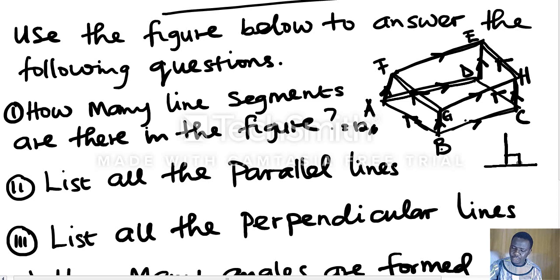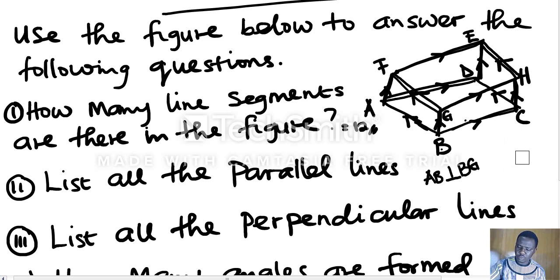So you discover that line AB is perpendicular to line BG. Let me erase some of this to create space for us. Also, we have line BC perpendicular to line CH, and there are so many more you can get.